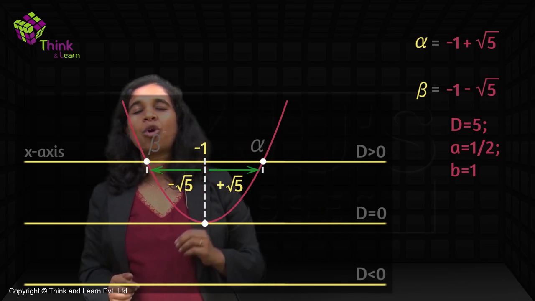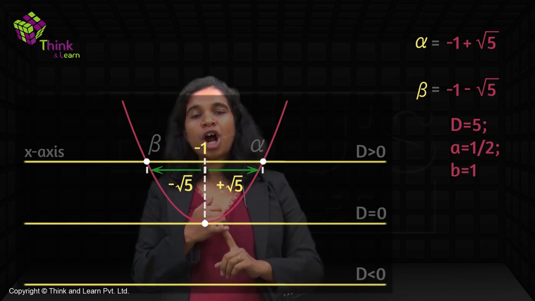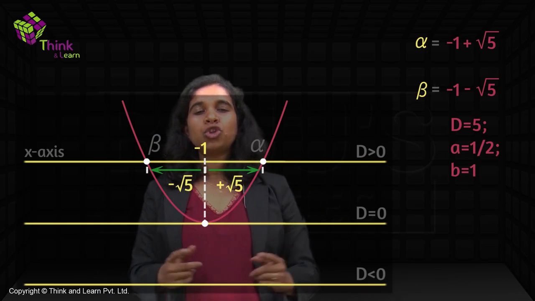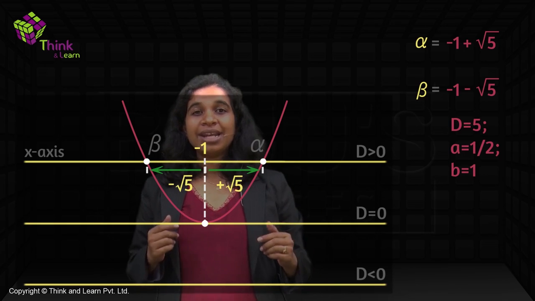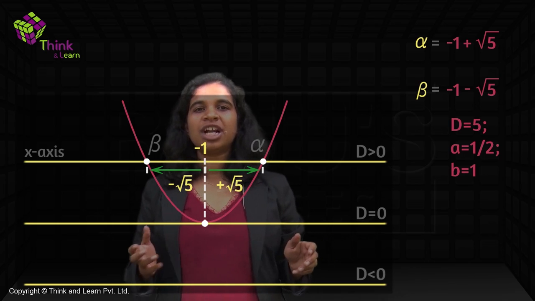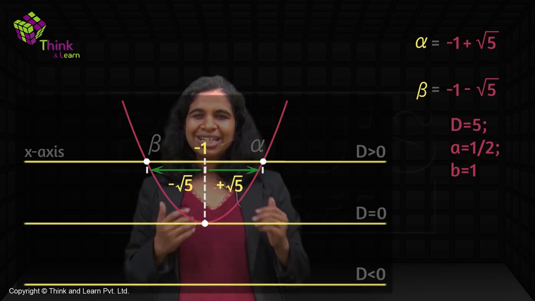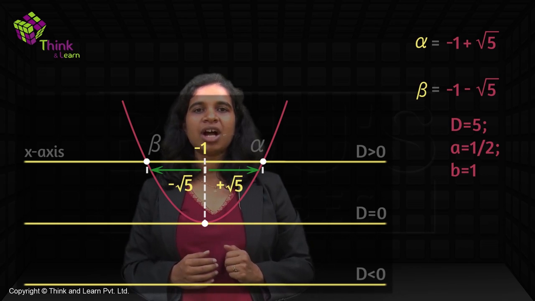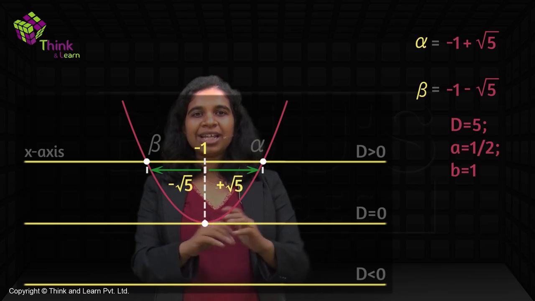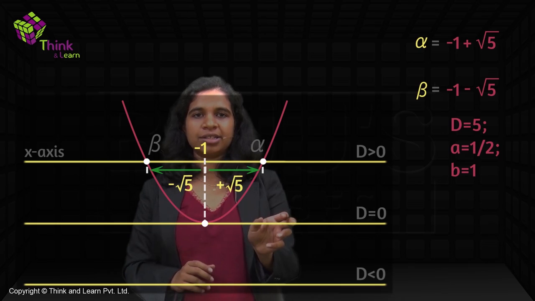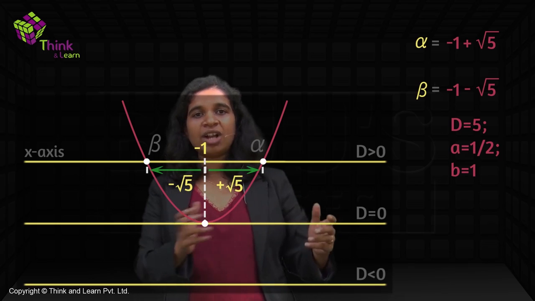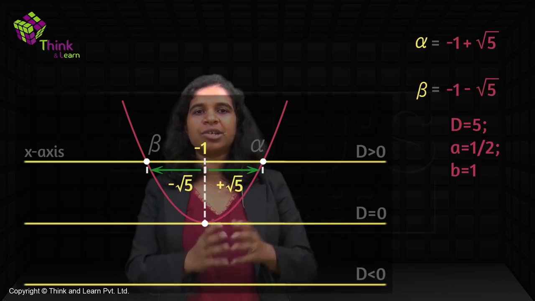And this is what you will always see. If d is not a perfect square, both roots will be irrational. You will never have the case where one root is rational and one root is irrational. It's simple to understand why now that you see the graph. Because at the end of the day, the nature of the roots is getting determined by this distance. In both the cases, whether it's alpha or beta, you're always talking about the same distance.